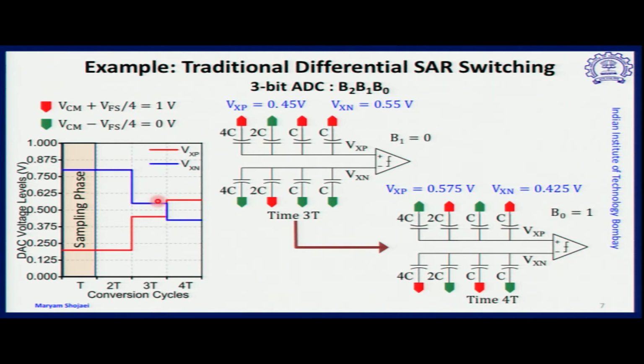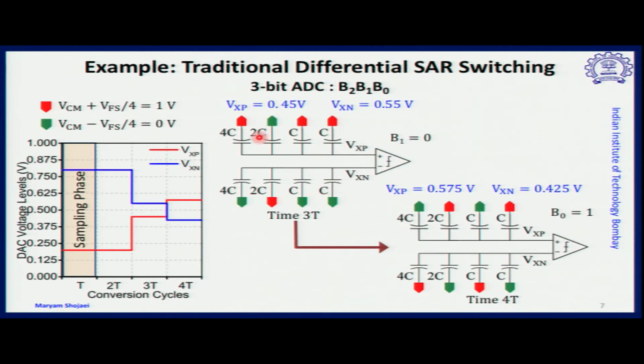In other words, we are reducing the range of the search area by proper switching according to the output of the comparator, which was 0. Because Vxp was at the lower side, we are now trying to increase it, and that's why Vxp in the next round increases to 450 millivolt and Vxn reduces to 550 millivolt.